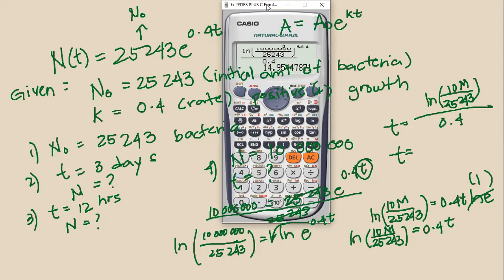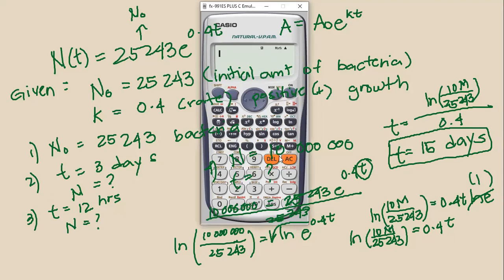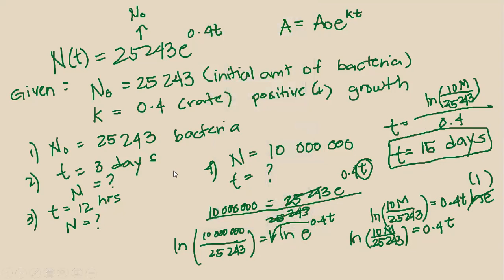Okay? So 14.95, okay? Or pwede na natin siyang i-round off. So 15, ang unit natin for yung time ay in days lagi. Okay? So after 15 days daw, magiging 10 million yung number ng ating bacteria. Okay? So, and that's it for our example number 1.